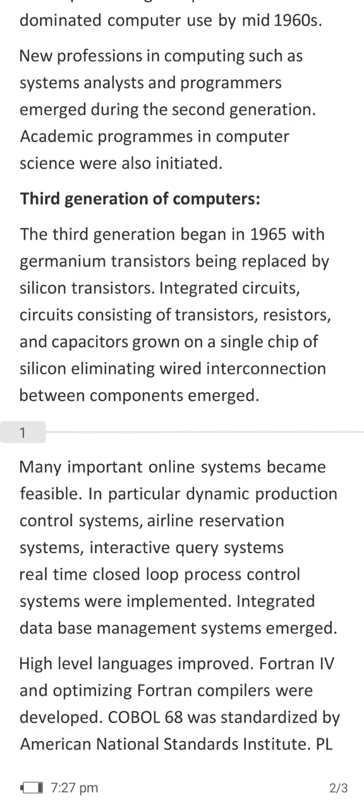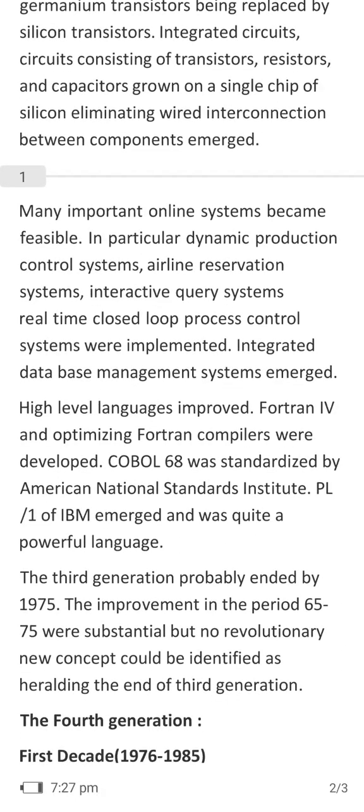Integrated database management systems emerged, and high-level languages improved in this generation. Fortran 4 and optimizing Fortran compilers were also developed. COBOL 68 was standardized by ANSI, American National Standards Institute, in this generation only.